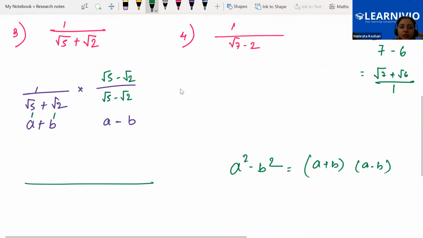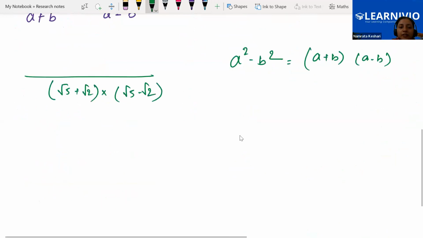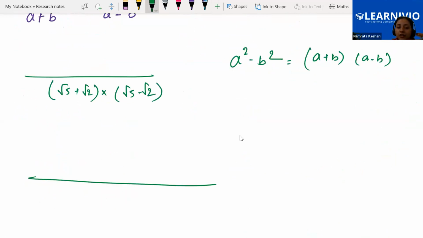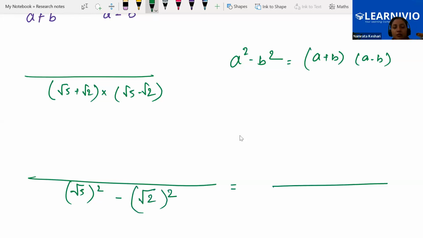So that in the denominator it will be root 5 plus root 2 into root 5 minus root 2, which is written over here. In the denominator only I am showing you. First, it will be root 5 square minus root 2 square.